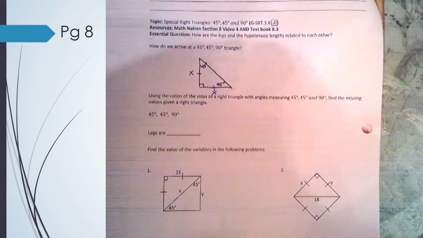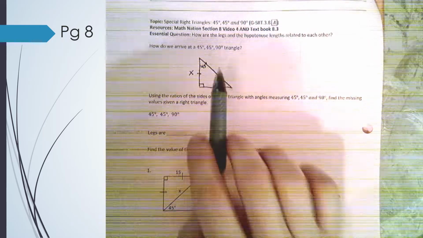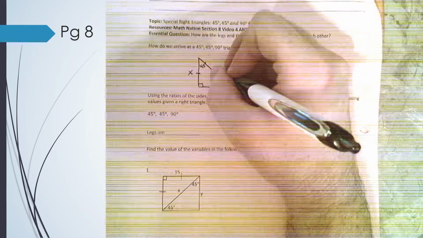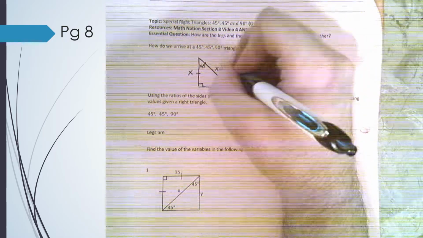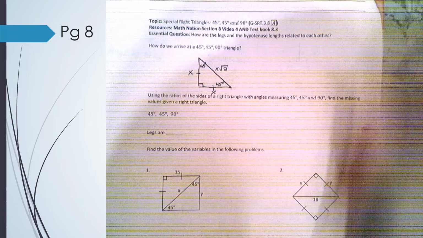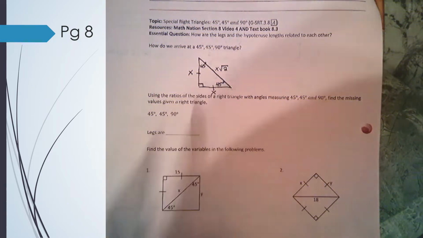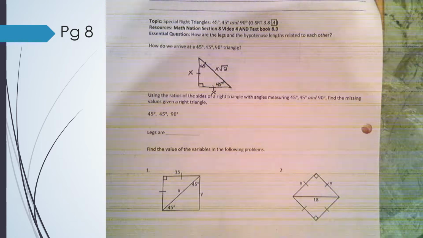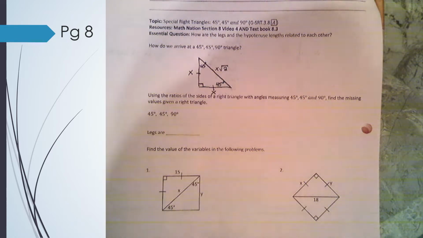I'm going to represent that with both of them having an x. Now, the hypotenuse is going to have the expression x square root of 2. So anytime you see a 45-45-90 triangle, you're going to be able to use this.